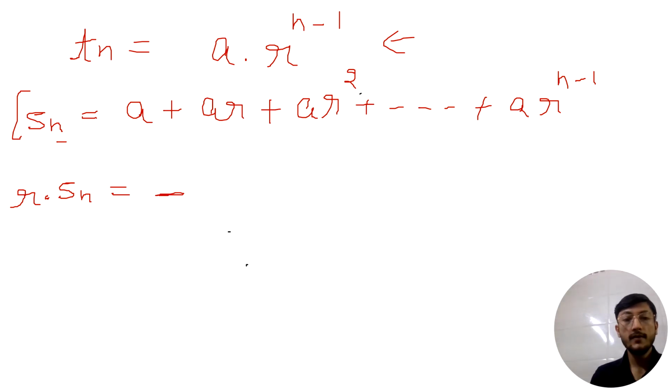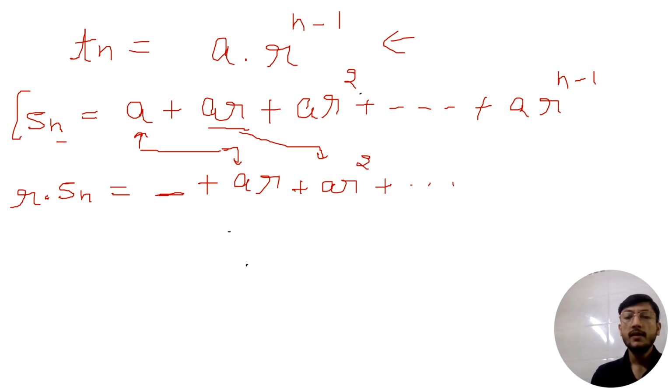Let me explain later why I take the space. Whenever R is multiplied with A, it becomes AR, so here AR comes from this side, and if I multiply R with AR, it gives us AR square, so I write AR square here.